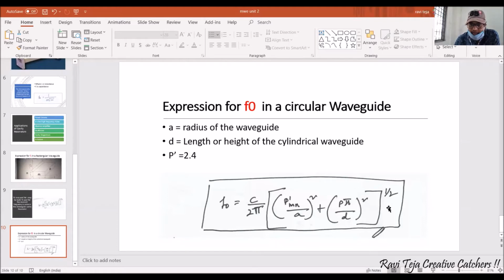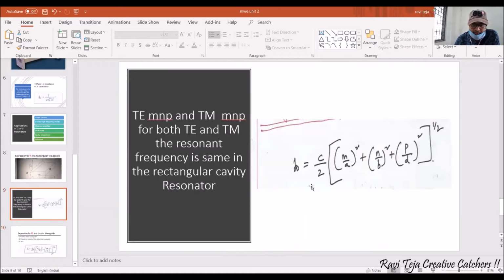You can also call it P dash, or you can also consider it as capital P. This is the operating frequency calculated for a circular cavity resonator, and the earlier formula is to find the operating frequency for a rectangular cavity resonator. Write down this formula also.